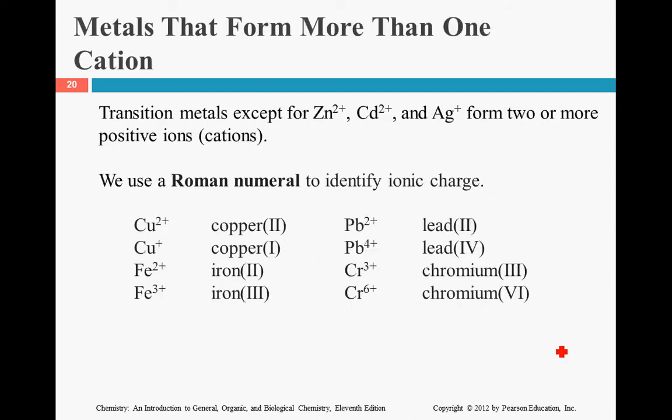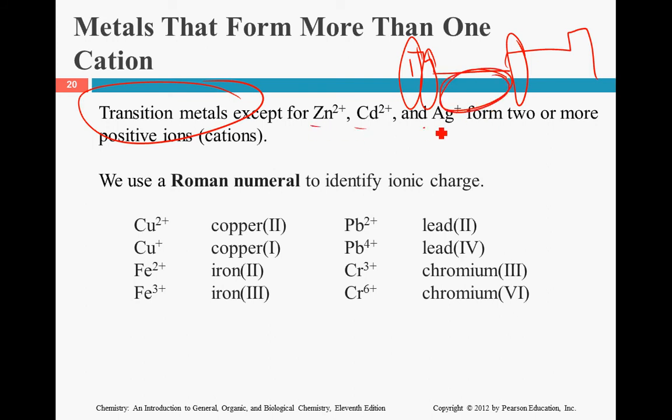Now there's some that are a little bit more confusing, and those are called transition metals, because those metals change charges. When we were looking at the periodic table, we said this is a +1, this is a +2, this is a +3. We kind of ignored the ones in the middle except for those 3 exceptions.